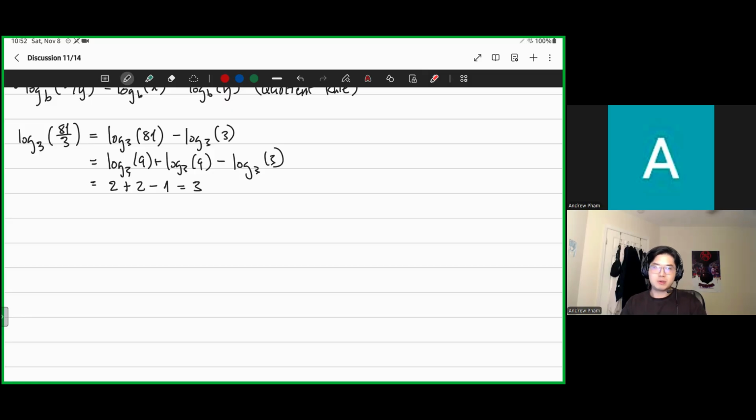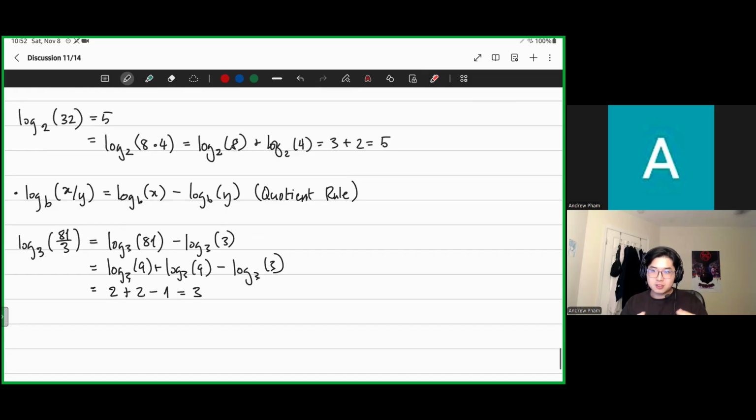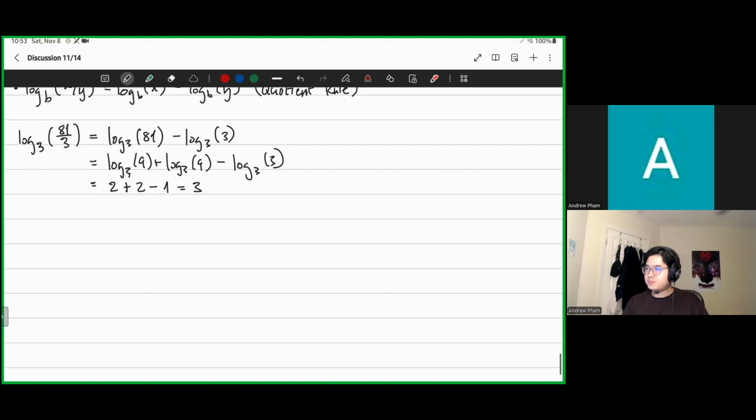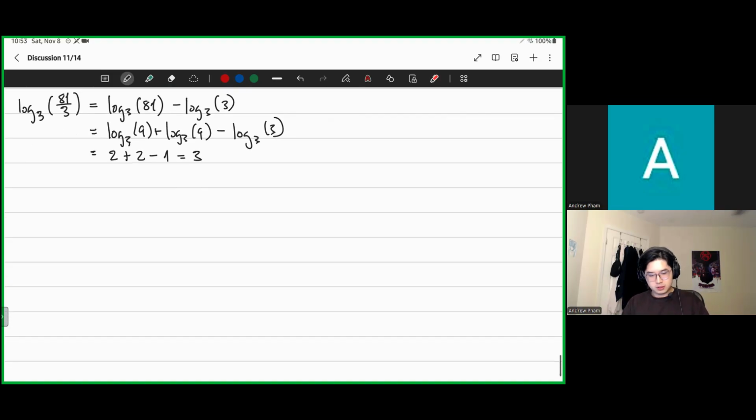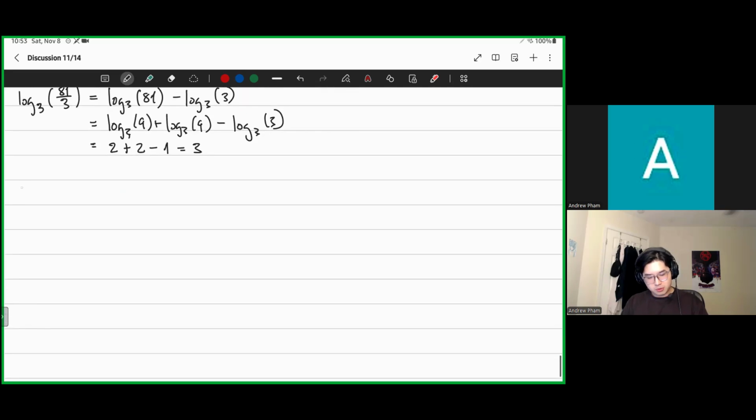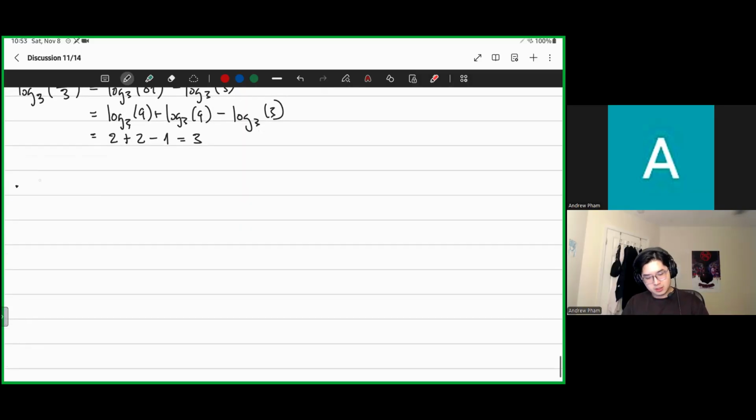So remember, if I have multiplication, you add the two logarithms together. And if I have division, you can split it up using subtraction. All right, so that's multiplication and division. We also have the power rule.